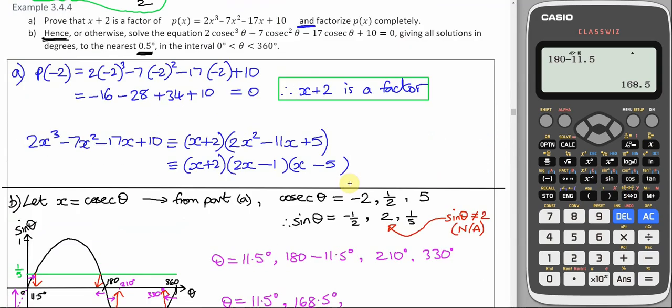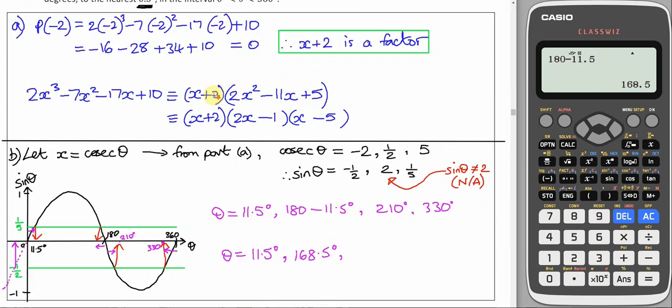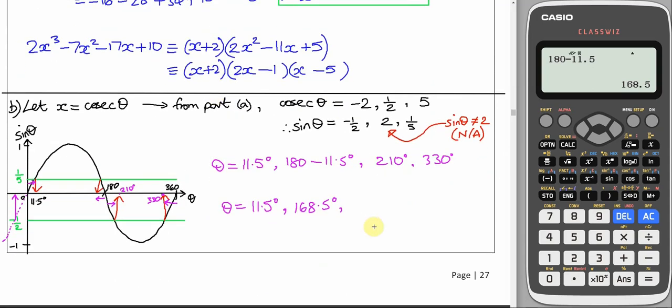Remember the question? It was a bit unusual. It said to the nearest half a degree. So they were all ready to that accuracy anyway. The next two, we don't need to round them because they are exact. Exactly 210 and exactly 330 degrees. And the graph told us there was only going to be 4 solutions. And there we go, we've got them all.